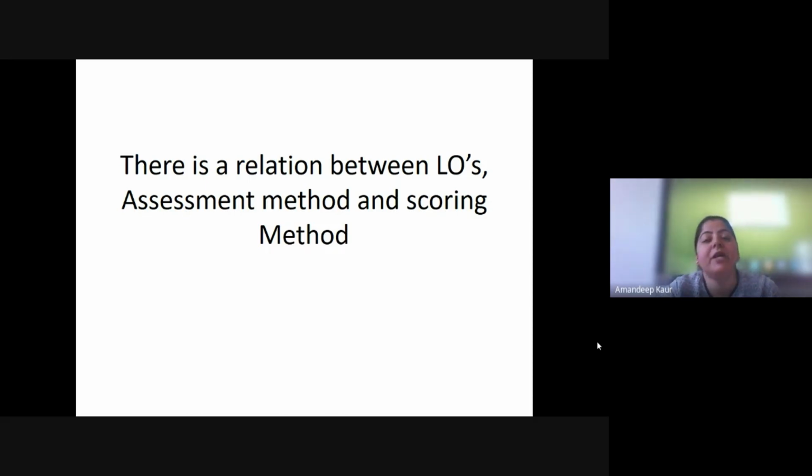So whenever we are designing a rubric as an evaluation and assessment tool for student performance, we need to think about what relation is available with me in terms of the learning outcomes of that particular subject throughout the semester, for my class students, what are the different assessment practices I am going to utilize, and what will be the final scoring method or final evaluation method for my students.